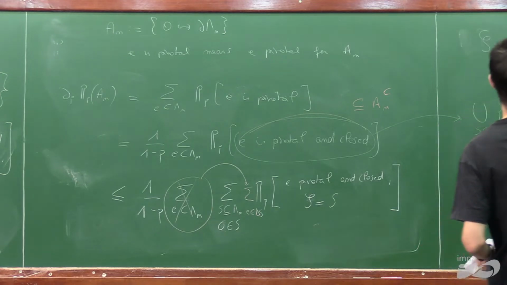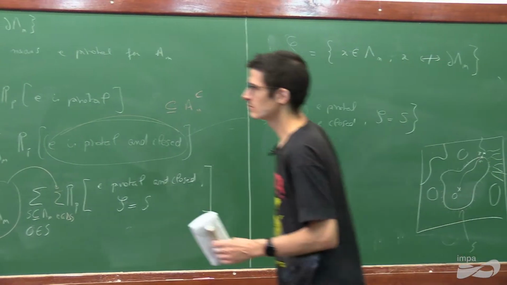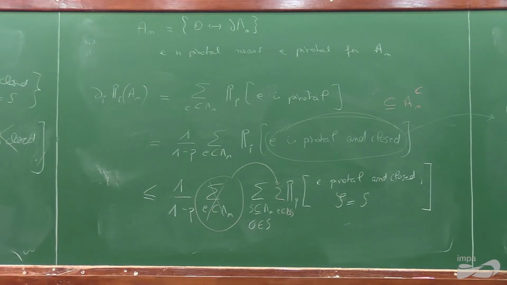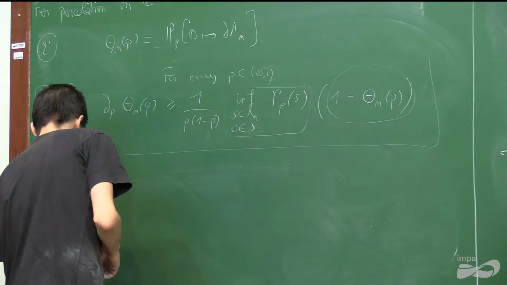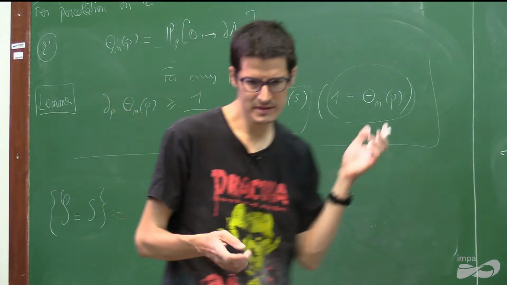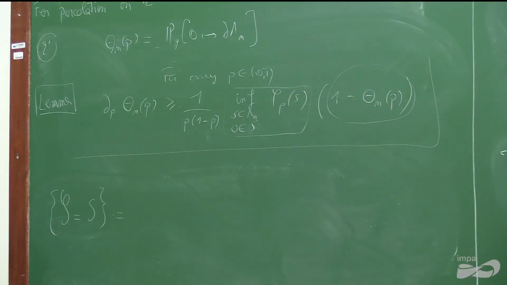Well, I just need to rewrite the event S is equal to S. I'll do this here. So I will just rewrite this event in order to make it explicit that it only depends on edges that are outside of S. So either in delta S or with both vertices outside of S.